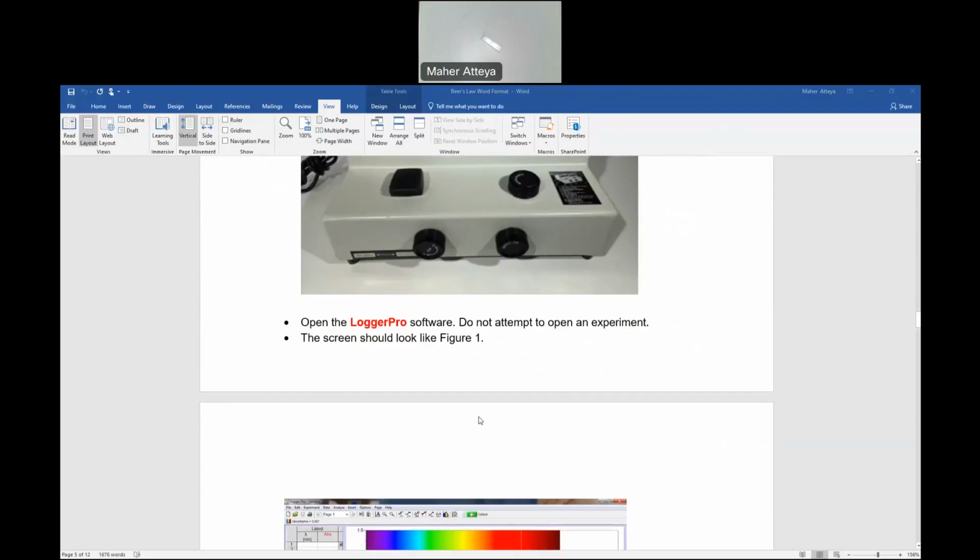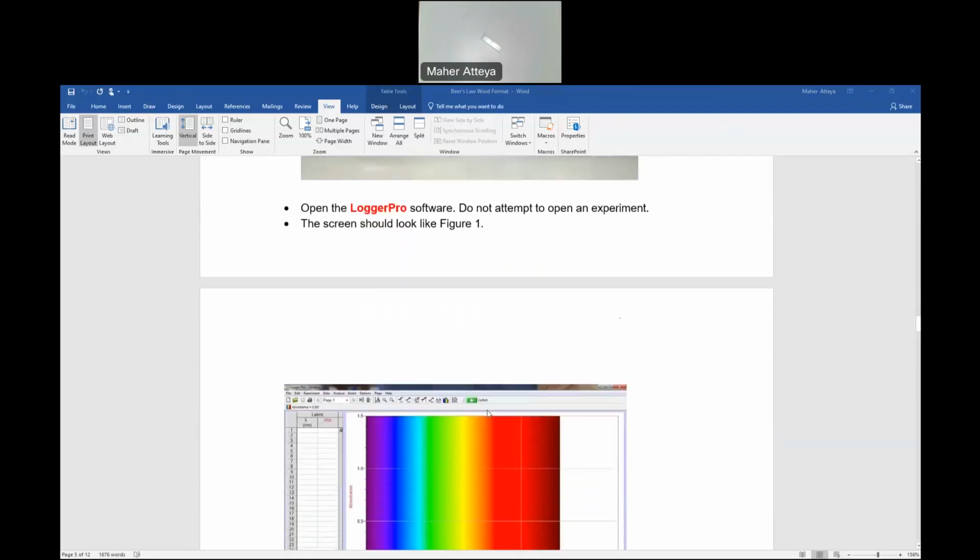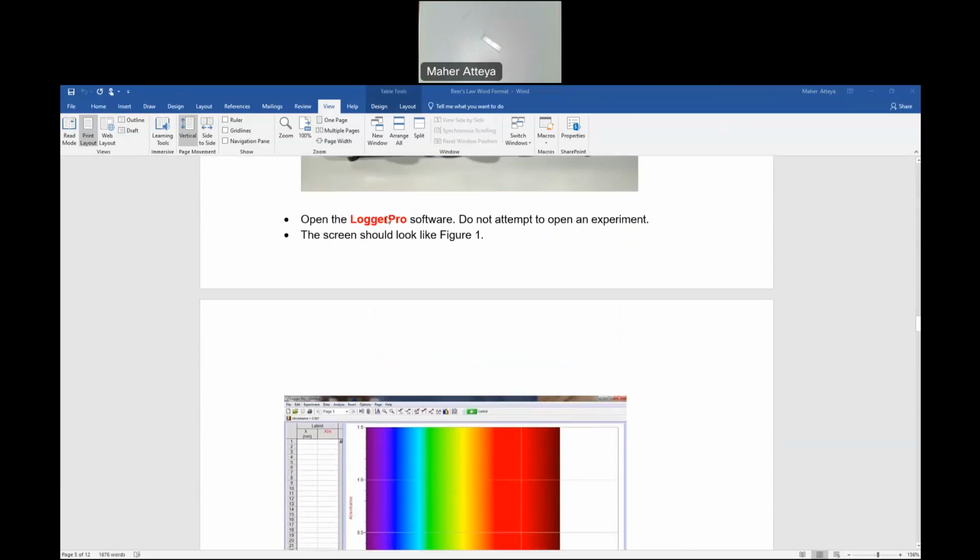That's in front of you, the small tiny box called spec. Not Spec 20, but Visual Spec, I think. So what will happen when you log into this? You don't open any experiment, just open the Logger Pro.